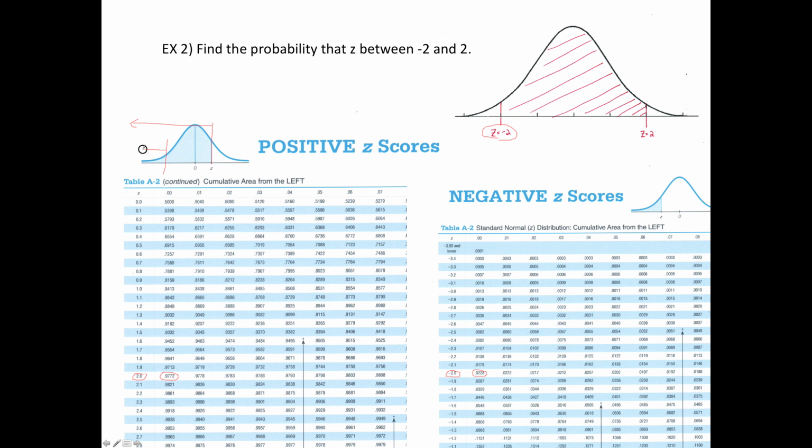When they say 0.0228, that's what this part is. If you subtract the two answers, you'll then have the area in between. One last thing to note is when we did the empirical rule quite a while ago, it said that between two standard deviations, which is what this is, is at least 95% of the data. Now we have a more accurate way, because it's actually 95.4%.